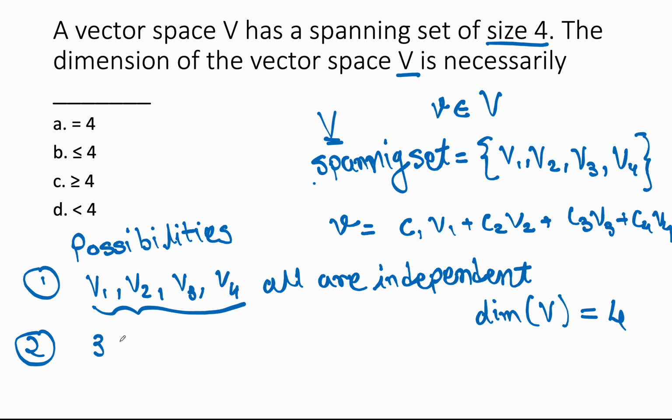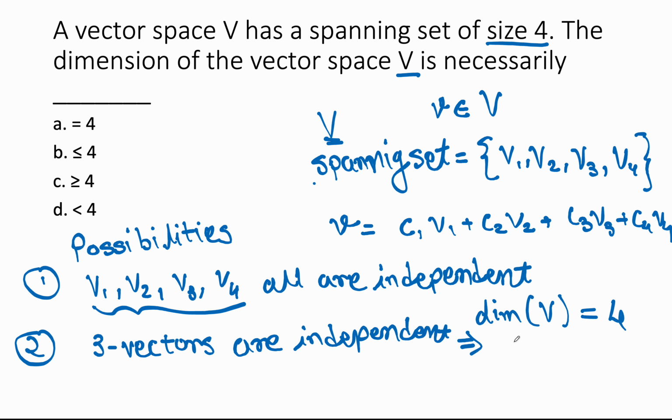So let's say instead of that, three vectors are independent. If three vectors are independent, in that case the dimension of the vector space will be 3.